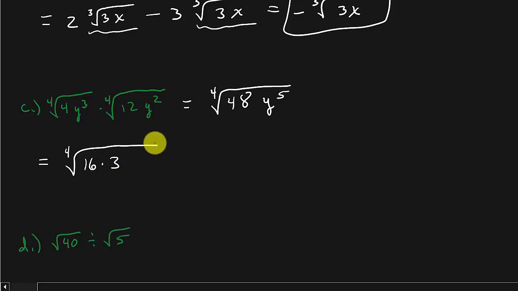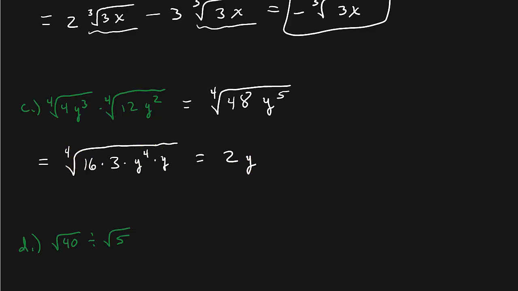And then this y to the 5th, that's what? Y to the 4th times y to the 1st. 4 doesn't go into 5 evenly, so knock the 5 down to a 4. 4 goes into 4 evenly. And so now the fourth root of 16 is 2. 4 goes into 4 one time, so that's just y to the 1st.